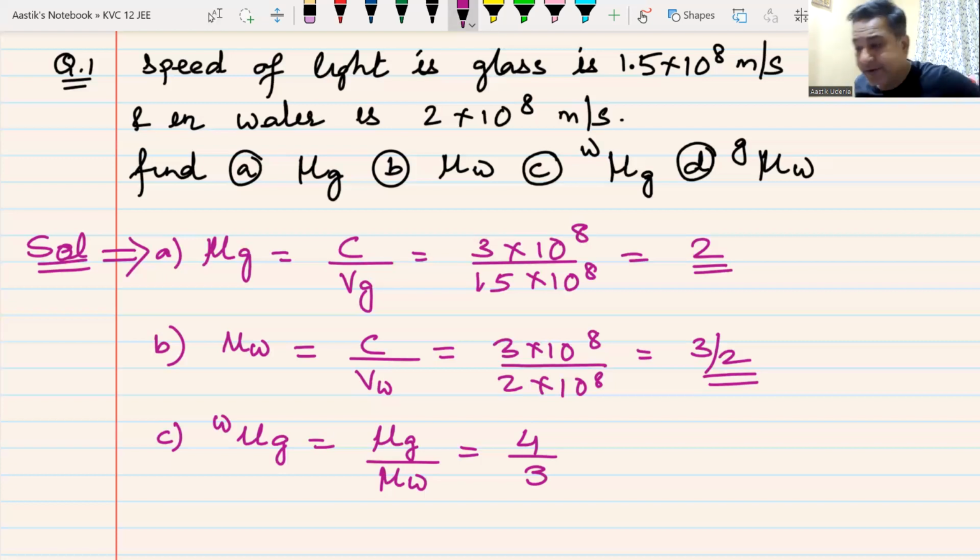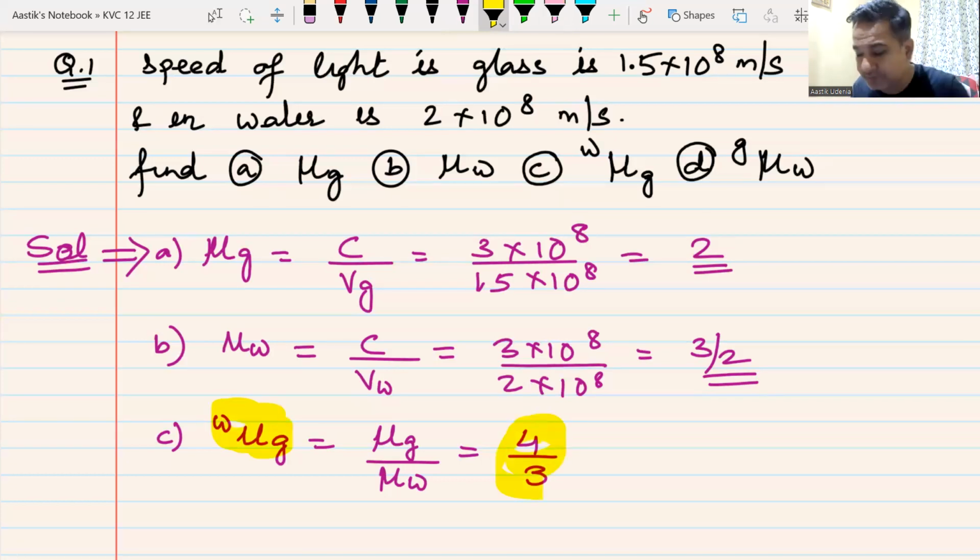Now, if I compare glass with water, which is the rarer medium and which is the denser medium? Out of glass and water, which is rarer and which is denser? Please answer first. Water is rarer and glass is denser, and therefore, beta, refractive index of glass with respect to water will be more than 1.